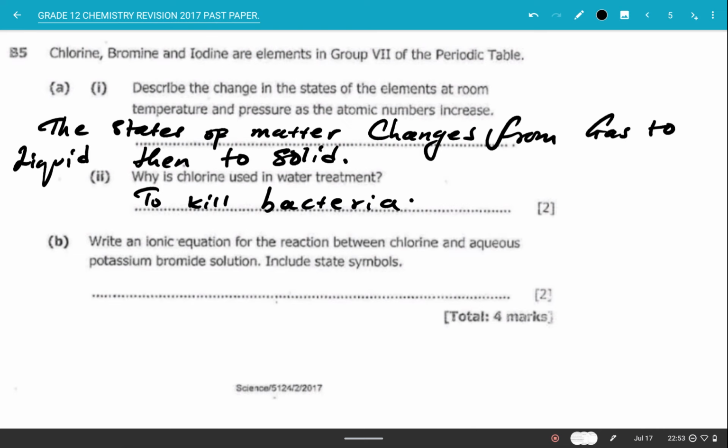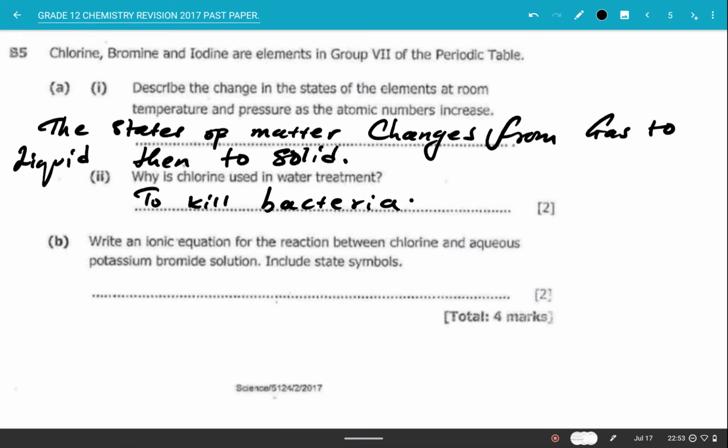Alright, so B says, write an ionic equation for the reaction between chlorine and aqueous potassium bromide solution. So this means that the potassium bromide was dissolved in water, so it's basically now a solution. Include state symbols.